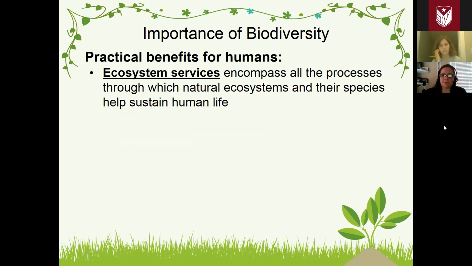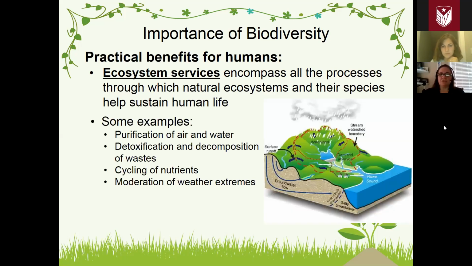Another practical benefit of biodiversity is ecosystem services. This is talking about the processes that natural systems undergo that actually help sustain human life. We can talk about purification of air and water, detoxification, cycling of nutrients, moderation of weather extremes.